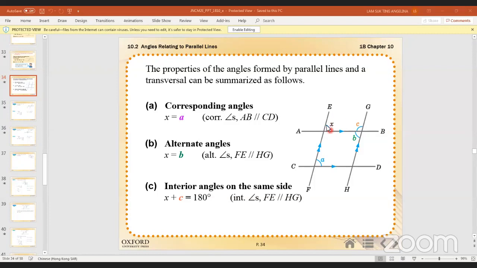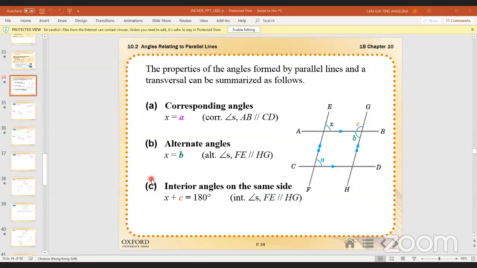For this X, it is on the right hand side of this line, but B is on the left. X is above line AB, but B is below line AB. In this case, we call them alternate angles. Also, only if there are parallel lines, then these two angles are equal.